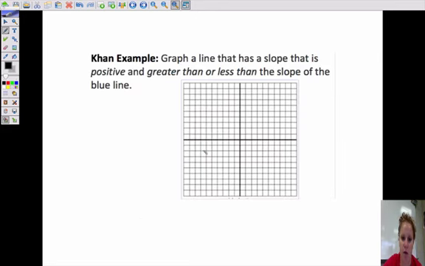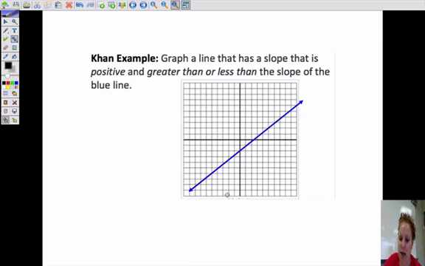So Khan is going to have you graph a line that has a slope that's positive and greater than or less than the slope of the blue line. We don't have a blue line here. So there's going to be some Khan problems that are worded a little bit like this. Let's say the slope of the blue line looks like this. Something like that. Well, we need a slope that's positive, so still going up, and greater than the slope of the blue line.